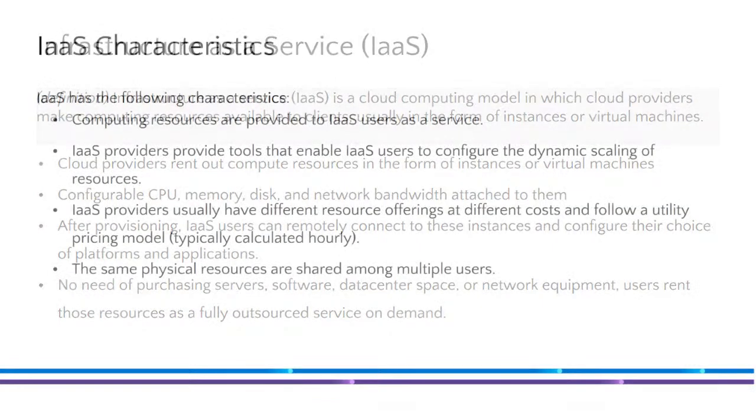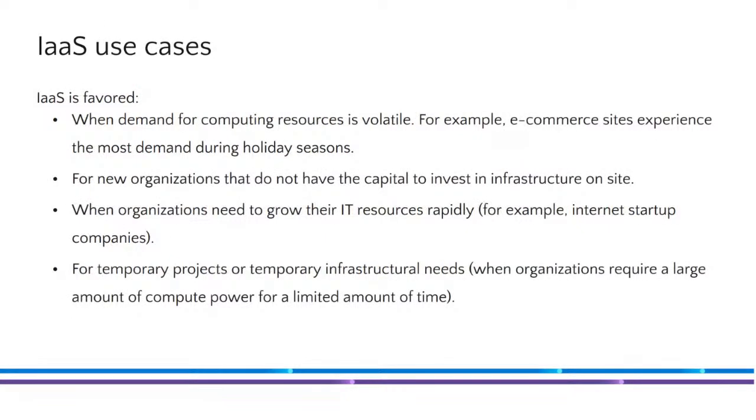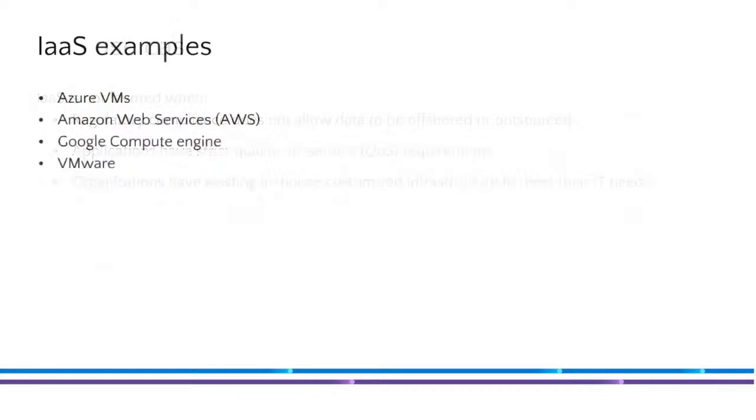Cool. When we say characteristics, again, it's a provider compute service, but it's more focused on creating the resources and the hardware basically in virtual form, with the same physical resources shared among multiple users. So I'm not going into the use cases here. I'm just going directly to the examples. So again, Azure VMs is an example. AWS again is an example.